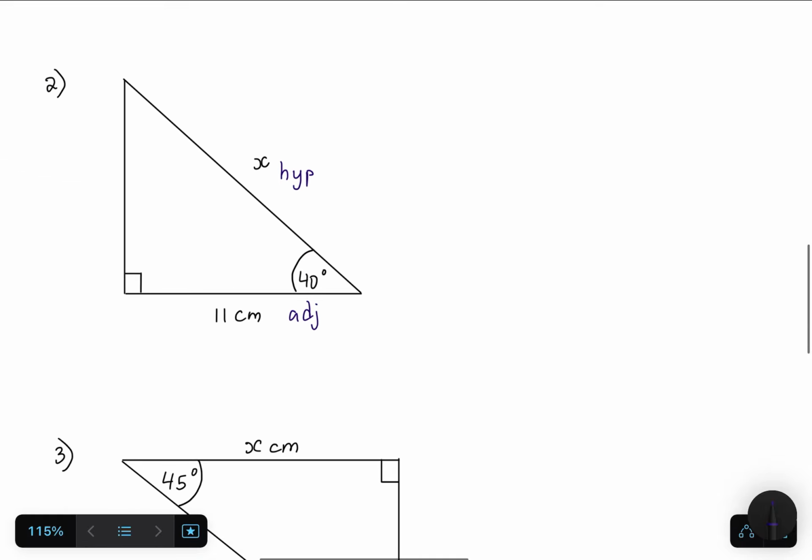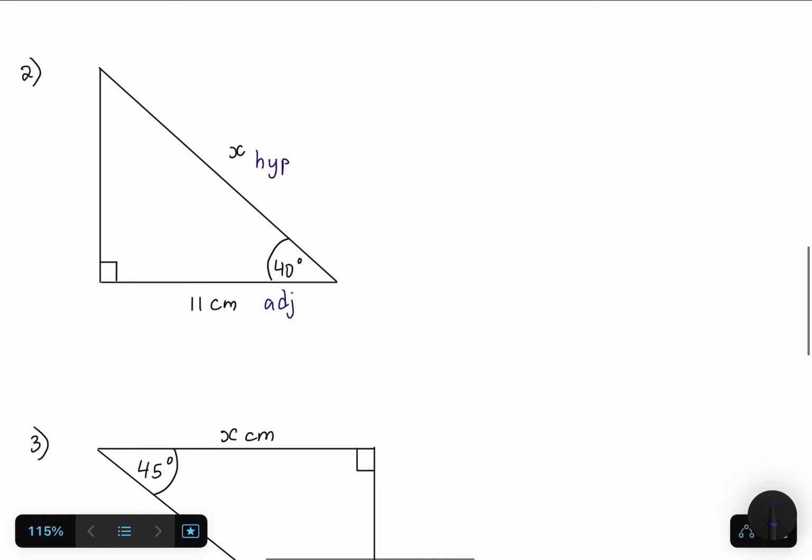So let's start our solution. Using cos theta is equal to adjacent over hypotenuse. Cos of theta, in this case our angle of interest is 40 degrees, is equal to the adjacent side, that's 11, over the hypotenuse, which is x.